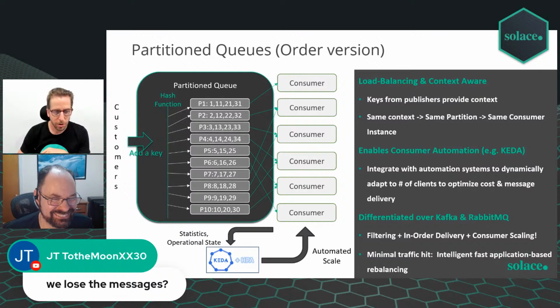We lose the messages? No, you don't lose messages. In Solace, if a queue is full, by default, the publisher will get what's called a NACK, a negative acknowledgement, where the broker is saying that the queue has filled up to whatever size you've configured, and it can't accept any more messages. So it's certainly not losing messages in the sense that it's been accepted for delivery, the guarantee is there, and then it just somehow disappears.